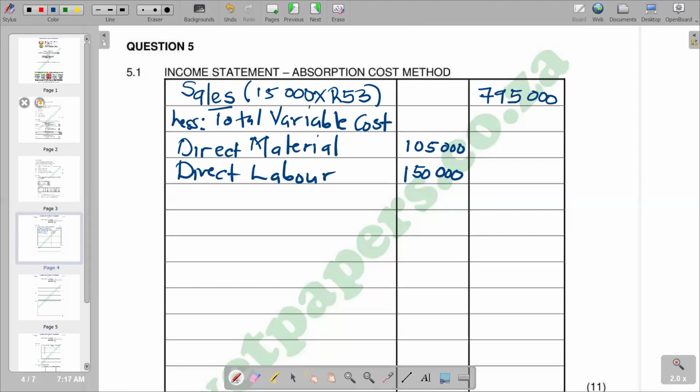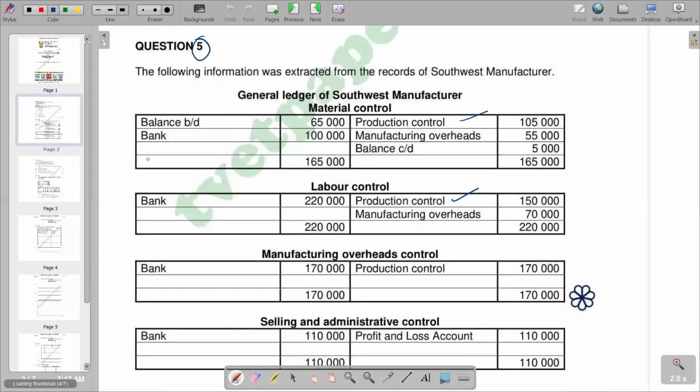Now we have a continuation of the information that we are given from labor control. We have a manufacturing overhead. Out of manufacturing overheads, obviously the total figure of 170,000 that is being transferred to production control represents the total, which has a proportion of fixed and also variable: fixed manufacturing overheads and variable manufacturing overheads.